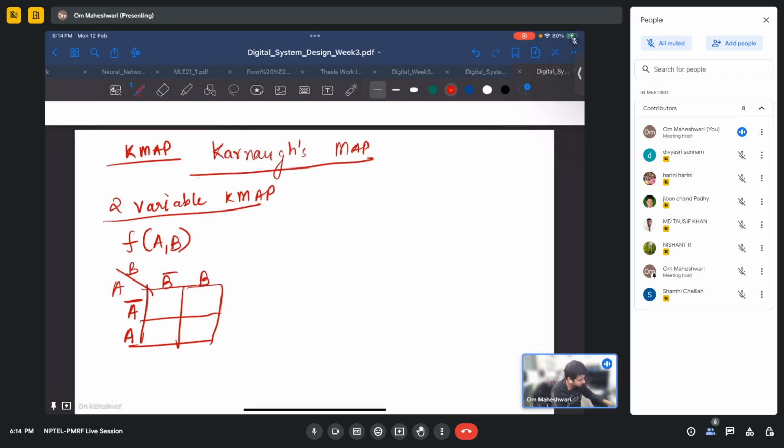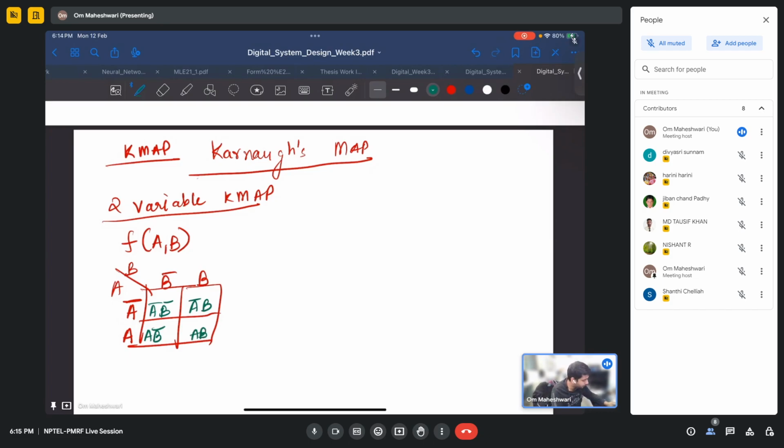Now what this means is that the value here will be a bar into b bar. Here it will be a bar b, a b bar, and a b.